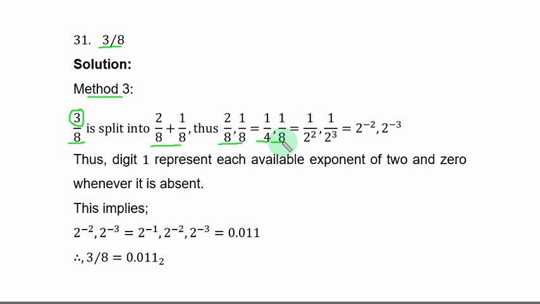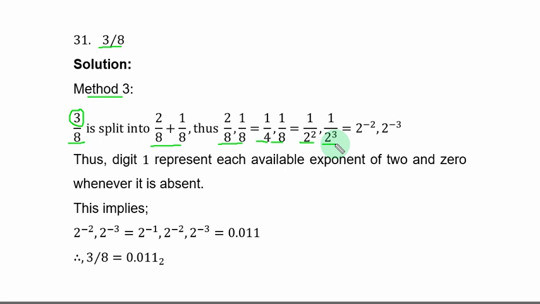You express 4 and 8 in base 2. 4 is 2 square, so you have 1/2 square, and 8 is 2 cube, you have 1/2 cube. When you express in terms of power, if you take 2 power 2 up, the power changes from positive to negative.